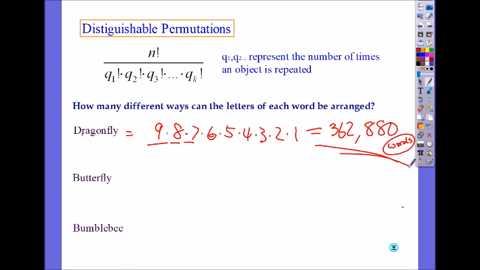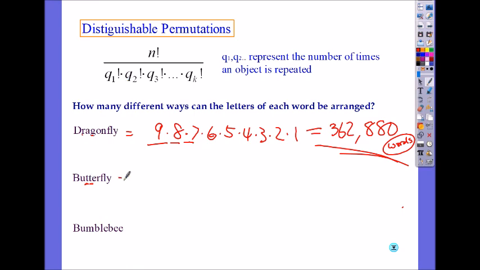But here, look at this. Butterfly, it's still 9 letters, but think about it. Would the first T going to the second T, and the second T going to the first T make a different word? No, it's still butterfly. Then, what happens? If a letter is repeated and gives the same result, you have to divide by the number of times it repeated, factorial, from whatever you got.